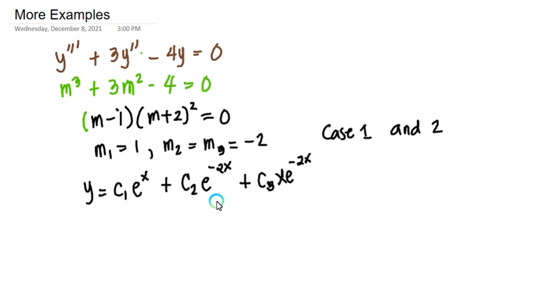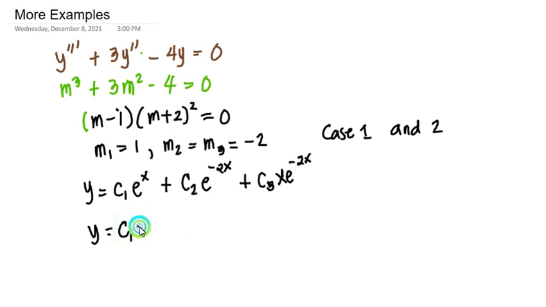So, we have C1 e raised to x plus C2 e raised to negative 2x plus C3 x e raised to negative 2x. If you want to separate this, it may not be in the possible choices; the choices might use the plus-star form. There is a big possibility that this is not in the choices, so usually one of the types of terms is factored out.